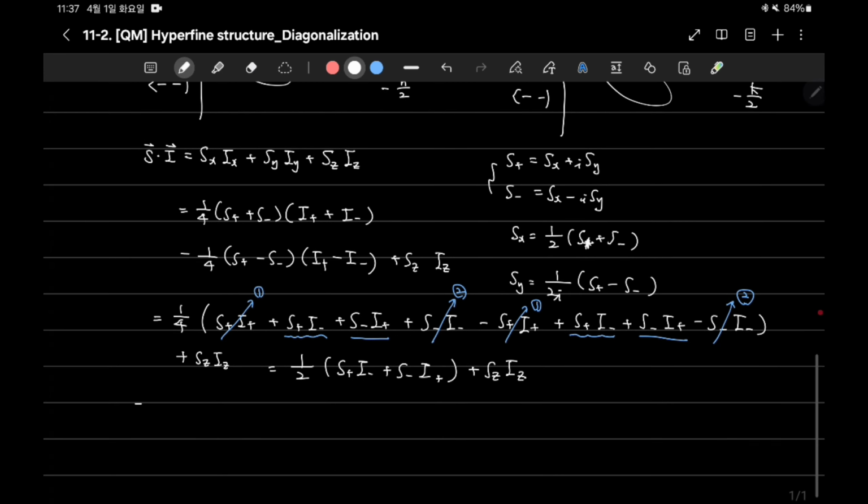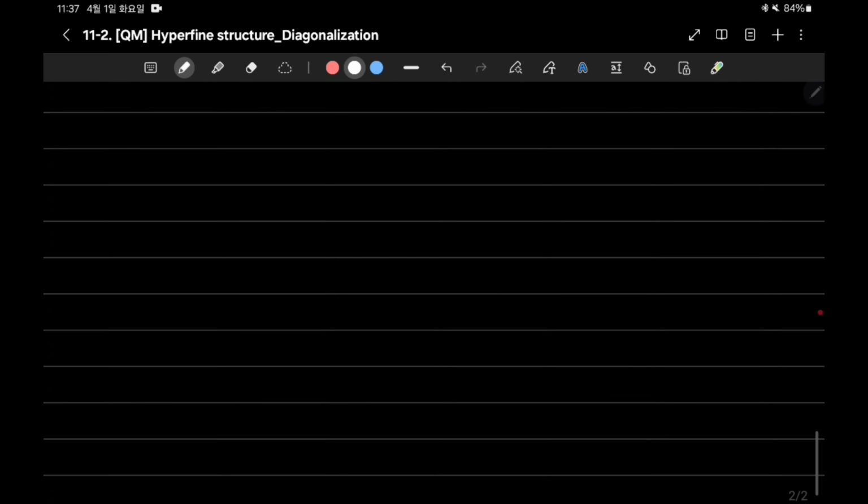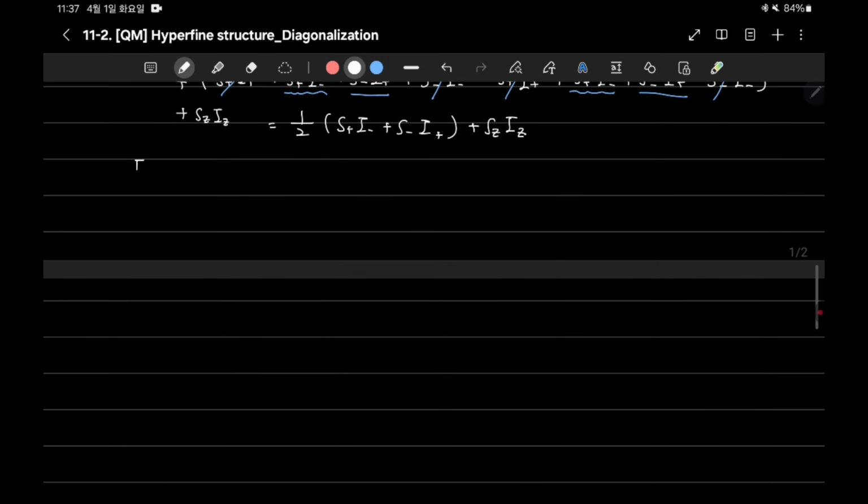Then we should think that when you apply s plus, a raising operator, on ms and mi, because it raises the spin of the electron and it is already spin up, and there are only the possibilities of spin up and down, the raising operator on spin up has no possibility, so it is 0.